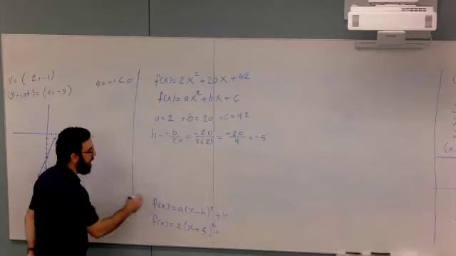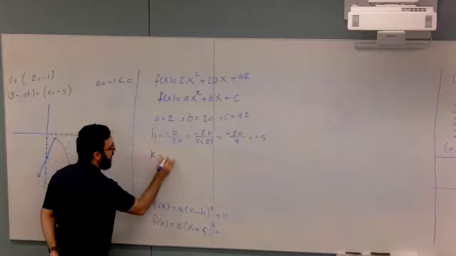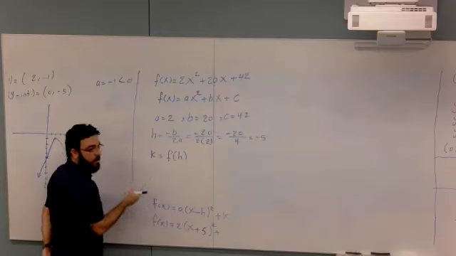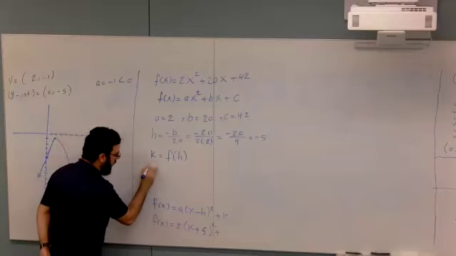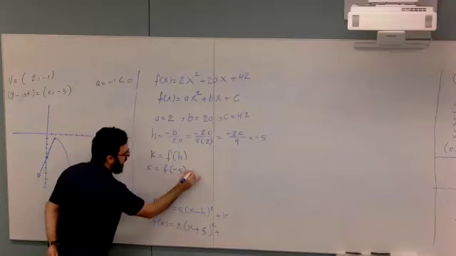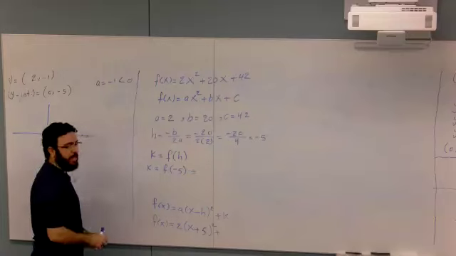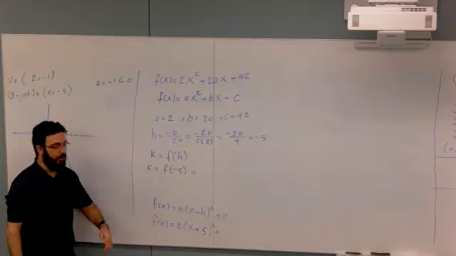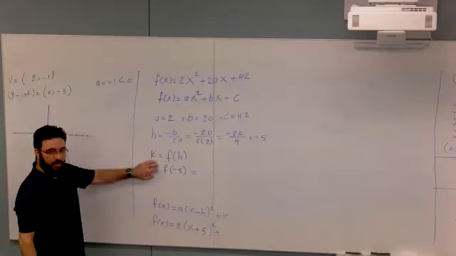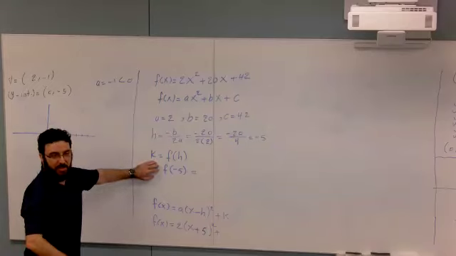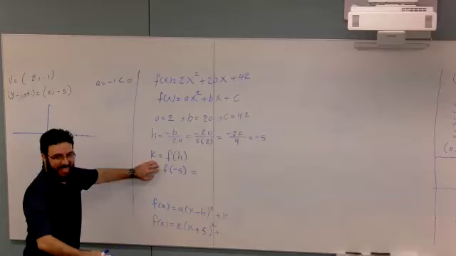Okay, how am I going to find k? It's f of h, right? That's the formula, right? So k equals f of h. How much is the value of h? Negative 5. What's the meaning of f of negative 5? How are we going to find this?